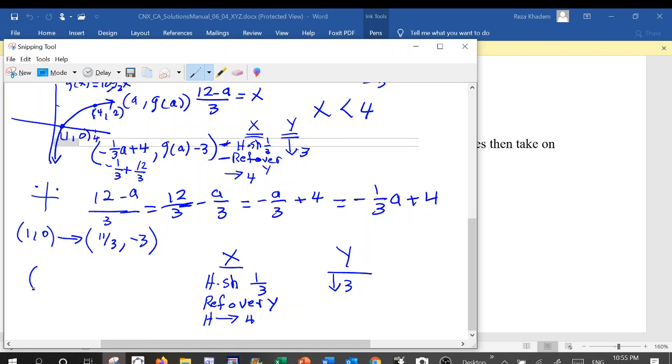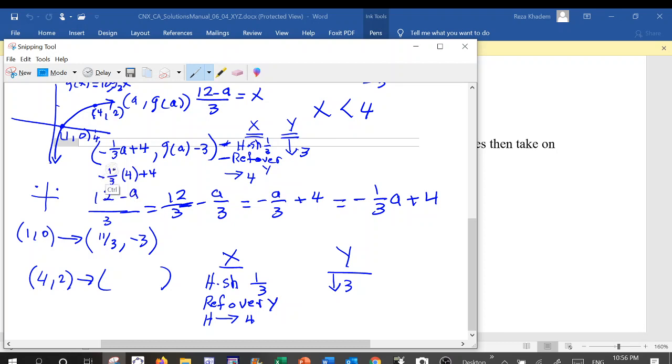And the other point, 4, 2, goes to what? Well, again, negative 1/3 times 4 plus 4.